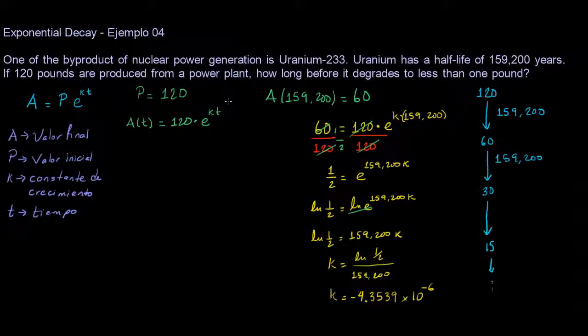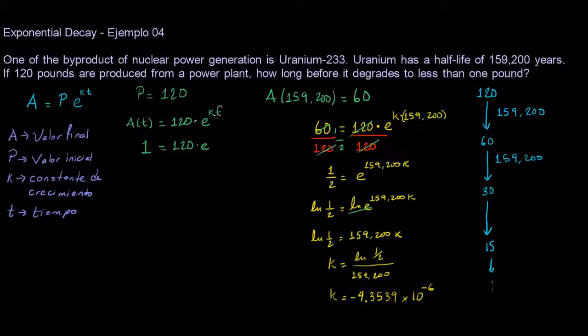The only thing remaining is to solve for t. Now here there's a kind of tricky question, because how long before it degrades to less than 1 pound? Here I would say that the final A of t will be just equal to 1. So once we get to 1 pound, what would be the value of t?